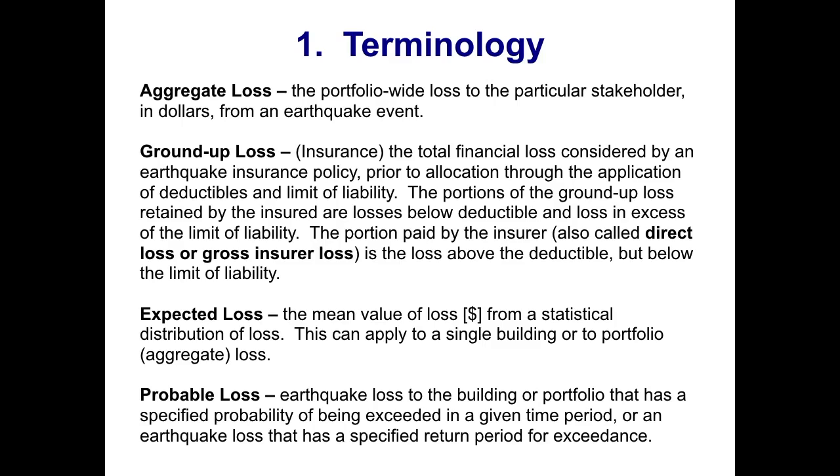Probable loss, that's the earthquake loss to the building or portfolio that has a specified probability of being exceeded in a given time period, or an earthquake loss that has a specified return period for exceedance. And this is found through detailed analysis that includes the consideration of uncertainty.